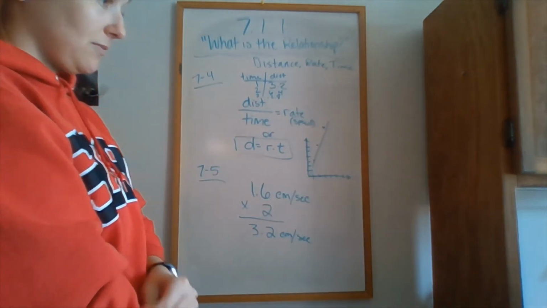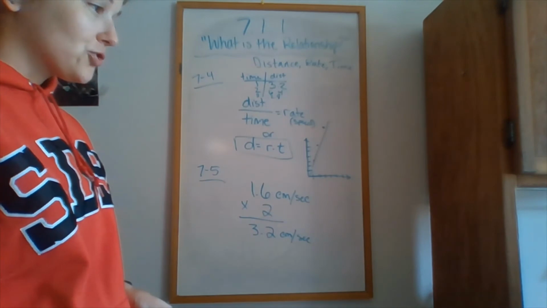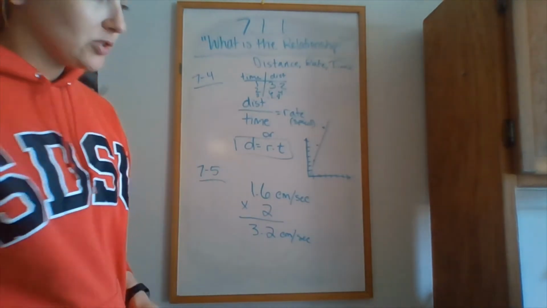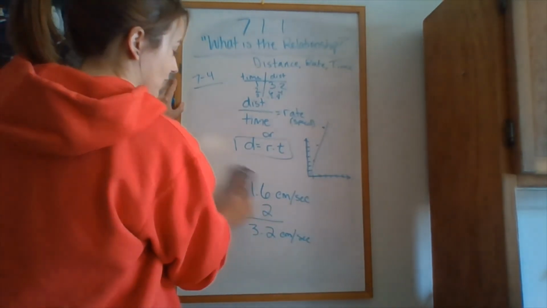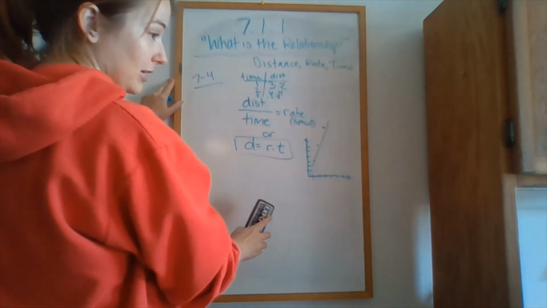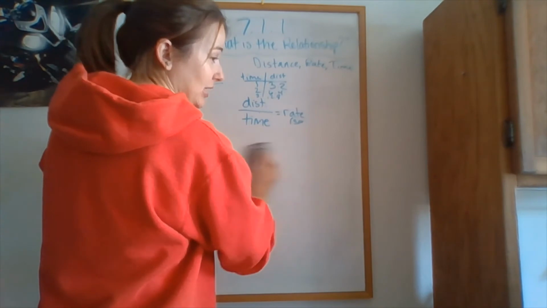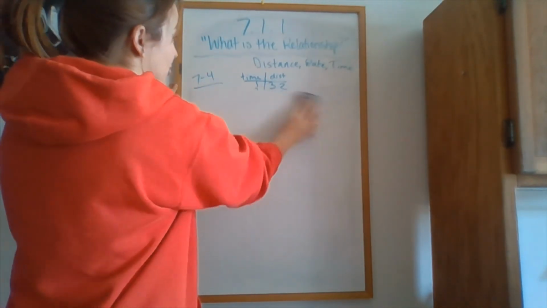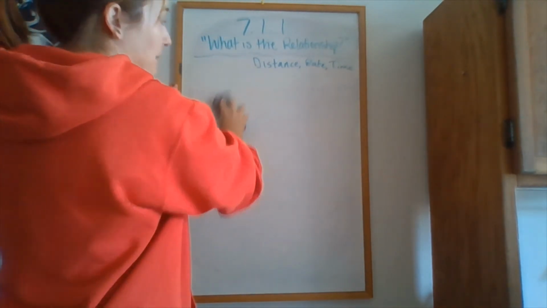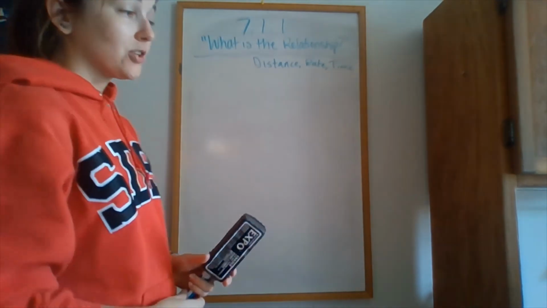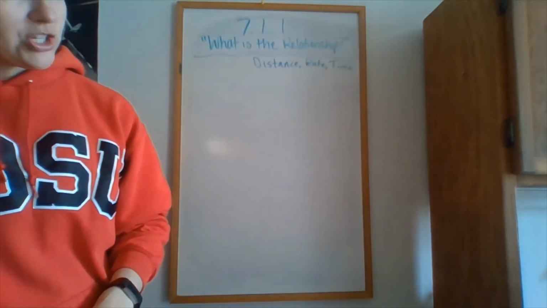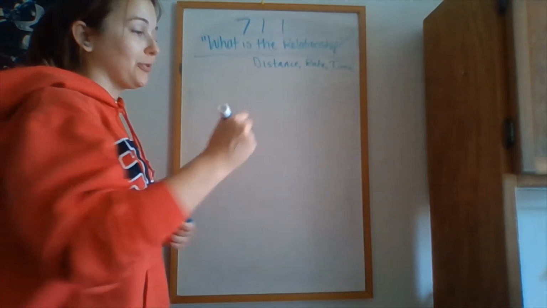Okay, 7.6. If your toy travels at a constant speed, then the distance your toy has traveled and the time it has taken are related to each other proportionally. In a proportional relationship, two quantities are related by a constant of proportionality, or a constant multiplier.